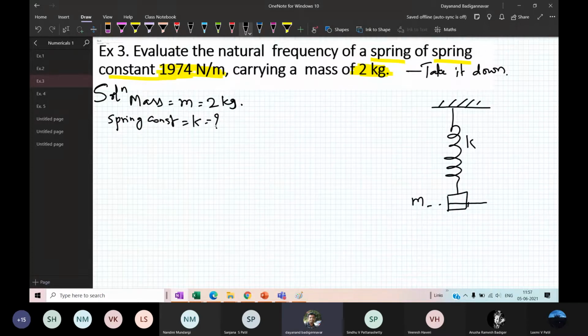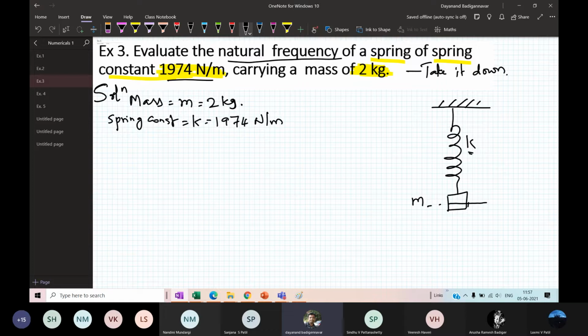What is the value of spring constant? 1974 Newton per meter. This is the spring which has the characteristic of a spring constant K equal to 1974 Newton per meter. Evaluate the natural frequency of such a spring carrying a mass of 2 kg.